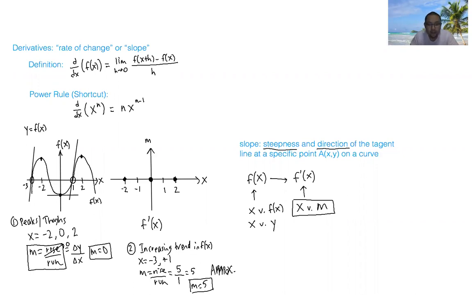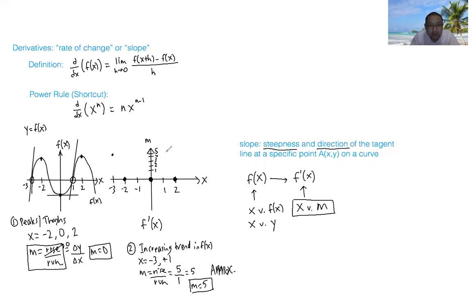So now that we have this approximation, let's plot that on our f prime x curve, right? So 5, right? 1, 2, 3, 4, 5. So we said that at x is equal to -3, we have a slope value, right? An m value of 5.